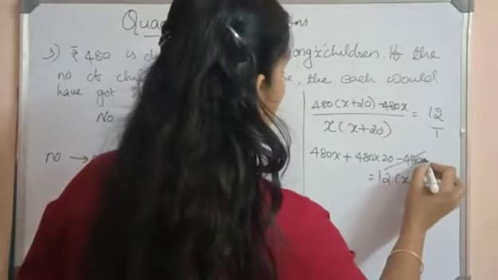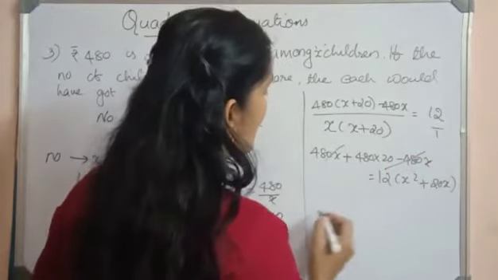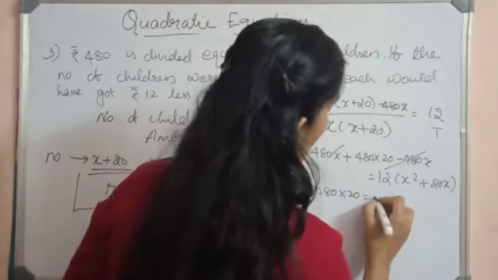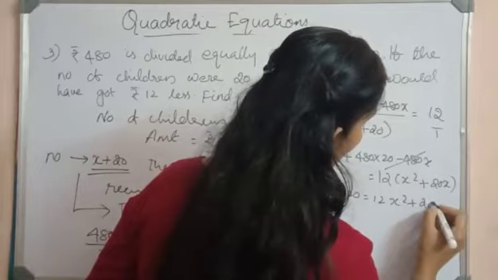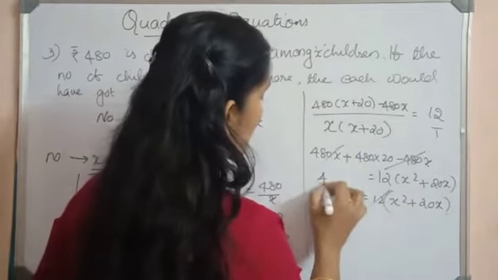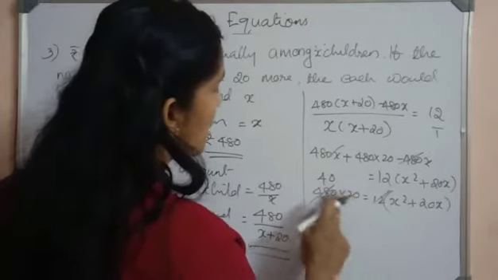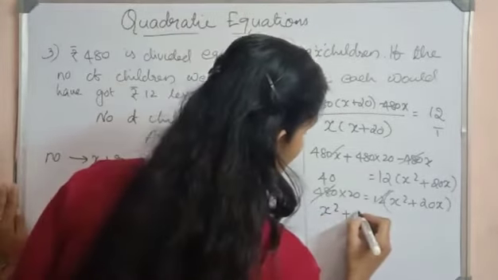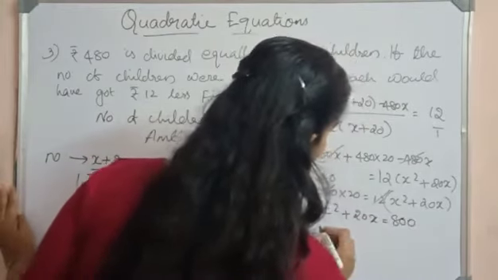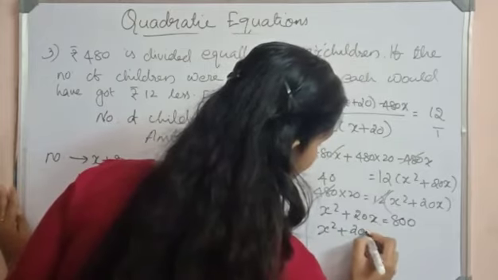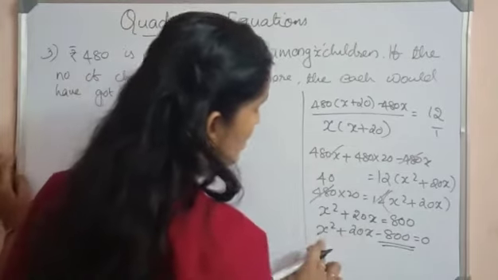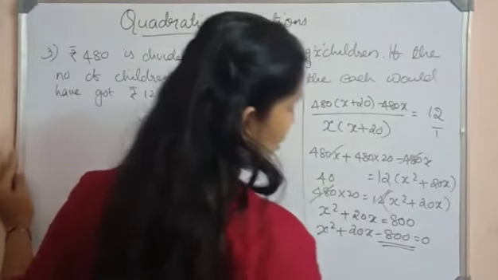Cancelling minus 480x and plus 480x, this will be 480 into 20 is equal to 12 into x square plus 20x. Dividing by 12 on both sides, we get x square plus 20x is equal to 40 into 20, that is 800, or x square plus 20x minus 800 is equal to 0.